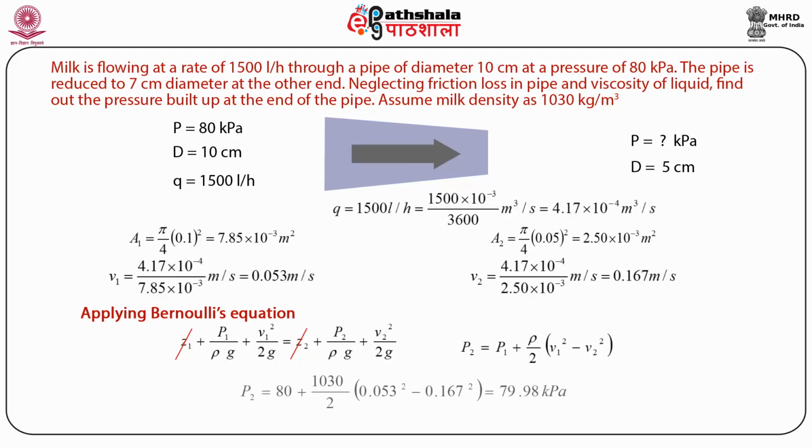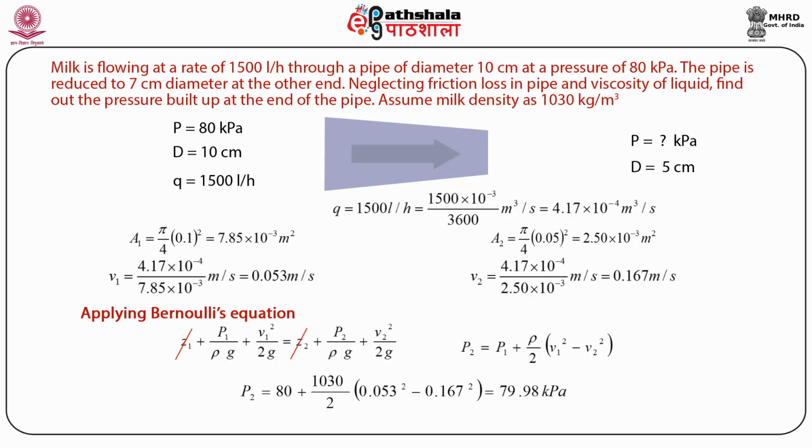you can calculate P2 equal to 80 plus 1030 divided by 2 into (0.053 to the power 2 minus 0.167 to the power 2). Then we will get the pressure P2 is equal to 79.98 kilopascal.